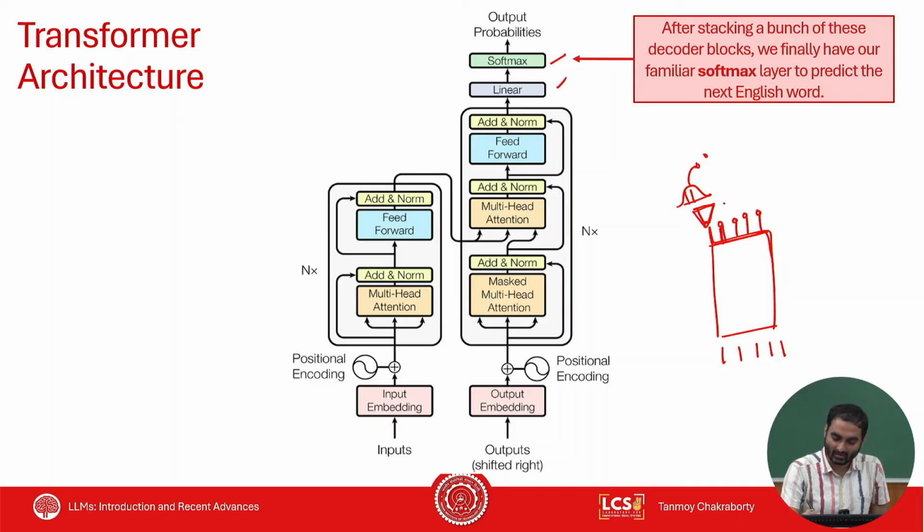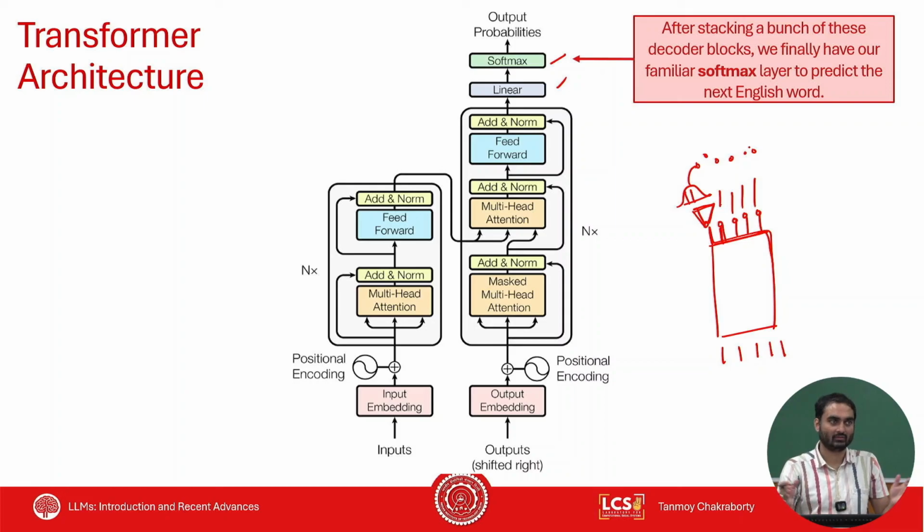So at every position of the decoder block, you compute the error in parallel. Unlike an RNN, where you need to do this sequentially, here you are doing it in parallel.